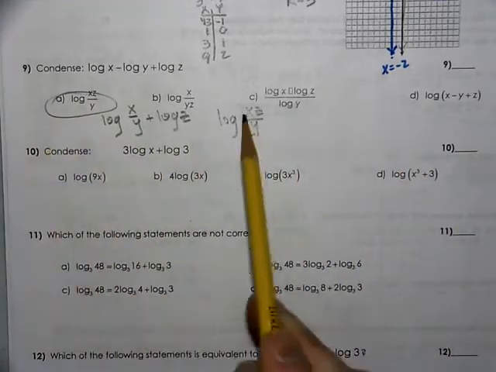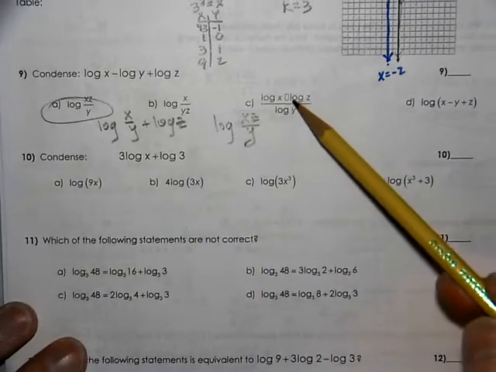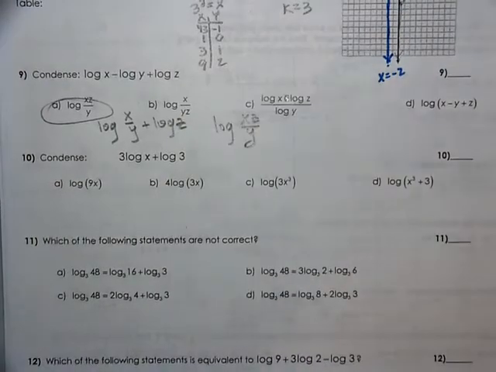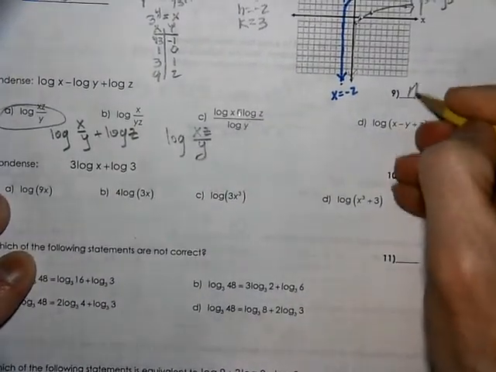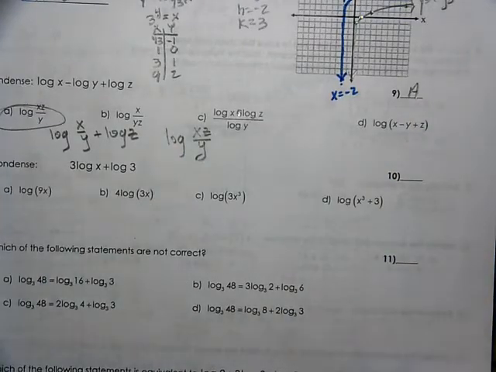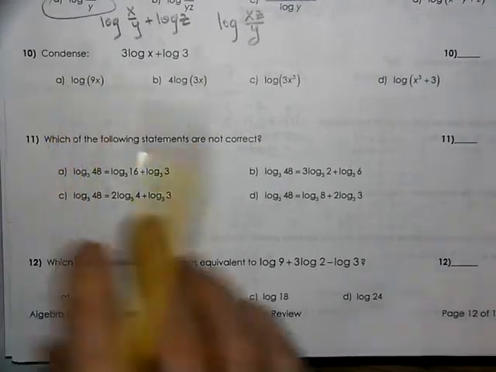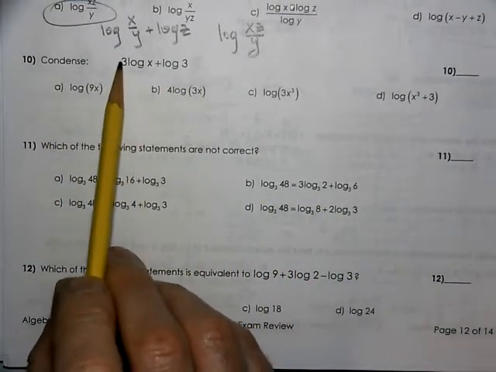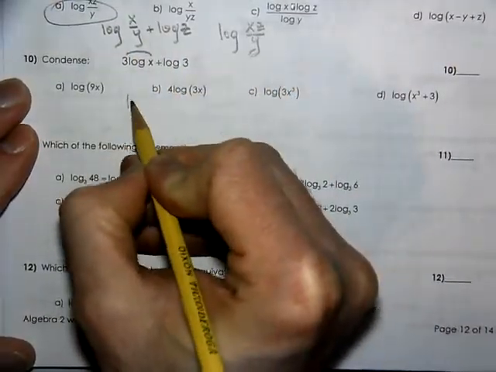So that's going to be our A value, it's going to match that. This here most likely meant that it was going to be a multiplication symbol. So 9 was A. We're going to condense. We're going to bring it down to a single logarithm. The number in front goes up as your exponent.